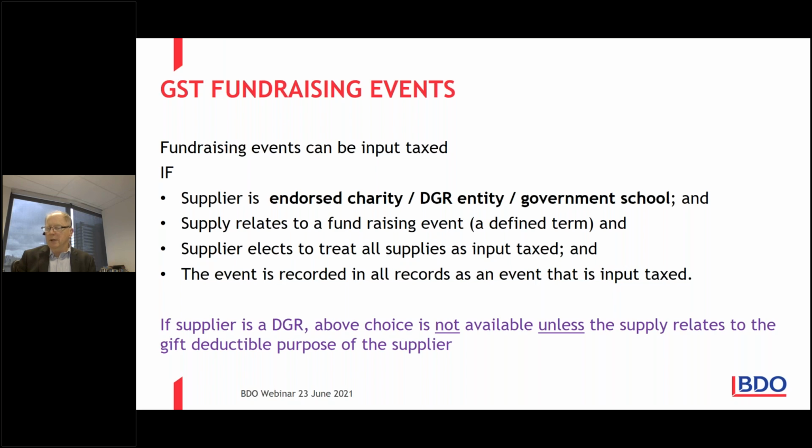And so you're asking everyone to pay a significant sum of money to attend that event. So if it's ordinarily taxed, then 1/11 of all of the ticket sales is GST and must be remitted. As compared to if it's input taxed, it's only 1/11 of the costs of the inputs to the fundraising event.